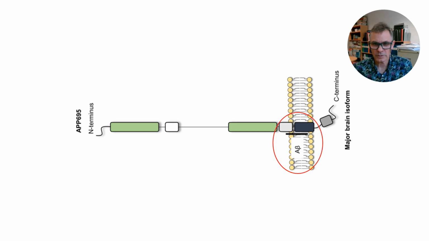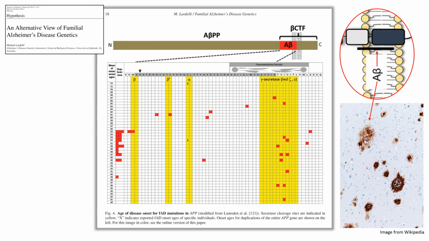Now let's focus in on this particular A beta region. We can show this A beta region in the context of the entire protein in another diagram. This is a diagram I drew for another paper. You can find this diagram in that review type hypothesis paper that I've written about the familial Alzheimer's disease genes.